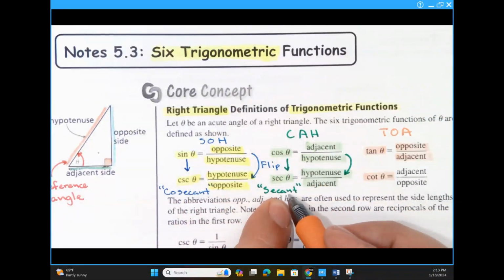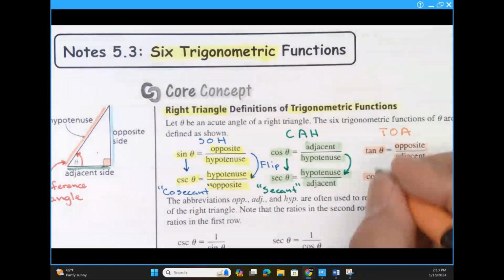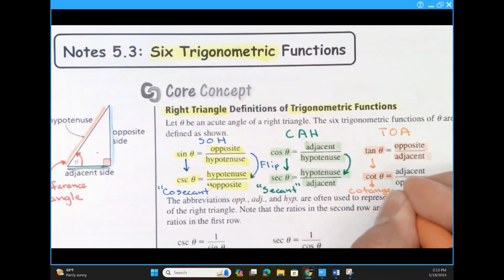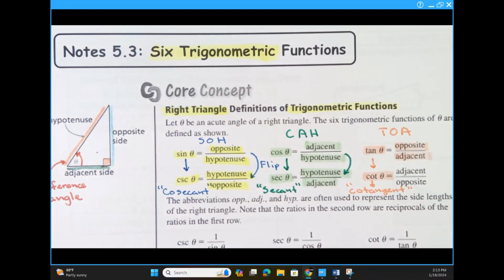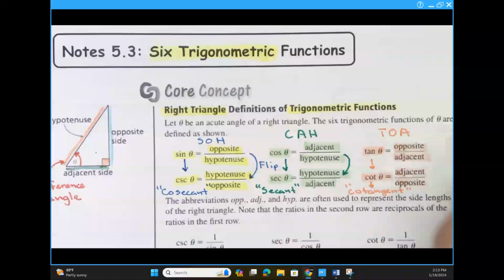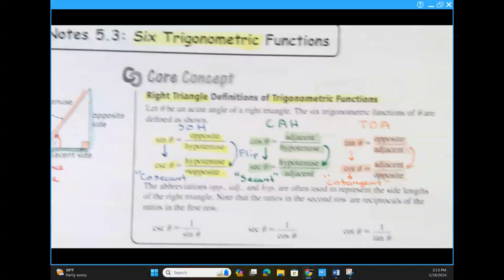There's secant, and then there's cosecant. Well, if there's tangent, there's only one thing that there can be here. COT is for cotangent. And cotangent, if you notice, is just adjacent over opposite. So that means all we had to do was flip it over one last time.